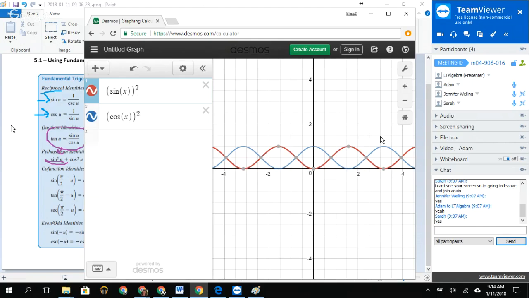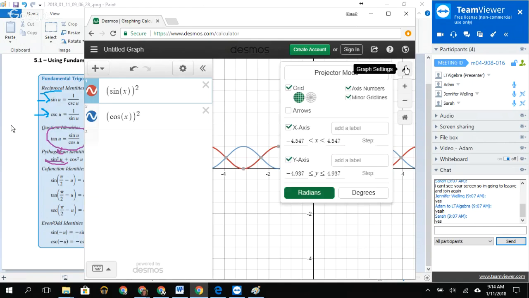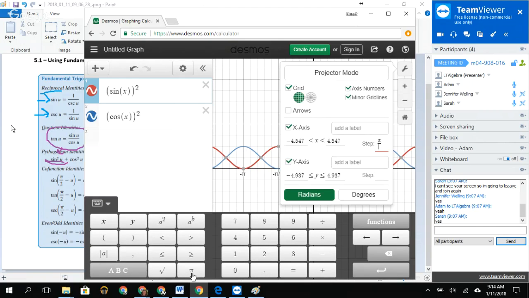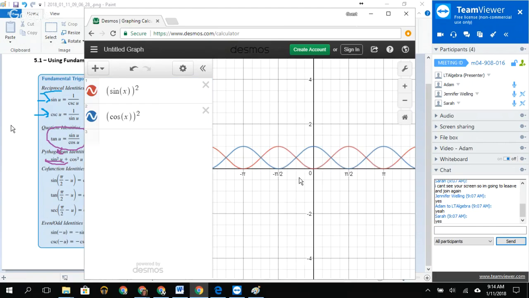So for example, when your angle equals pi, your cosine curve has a value of 1 while your sine curve has a value of 0. And when you add those two together, you get 1.